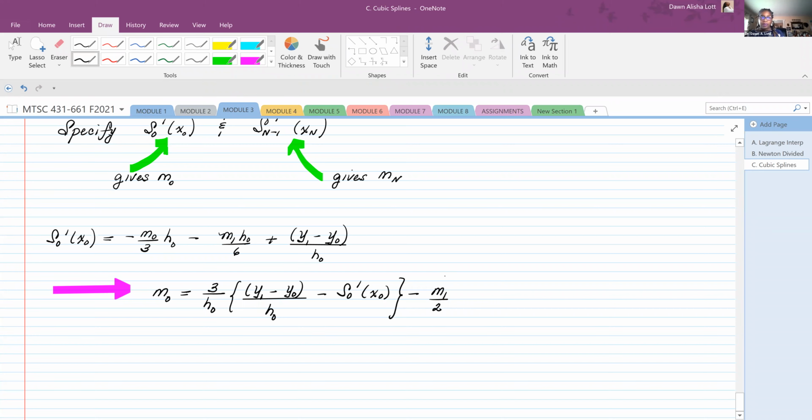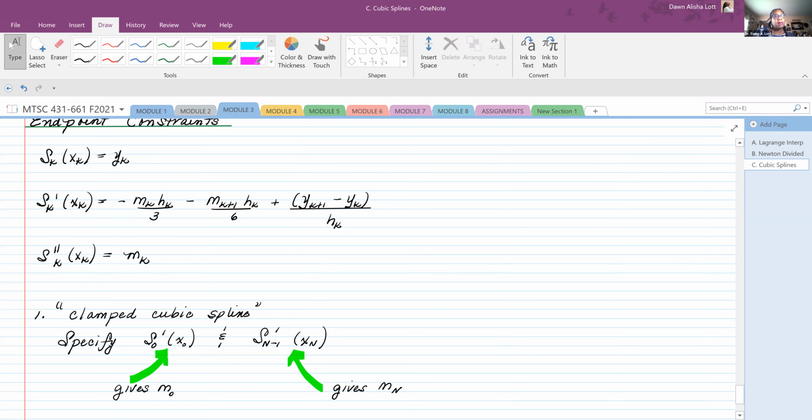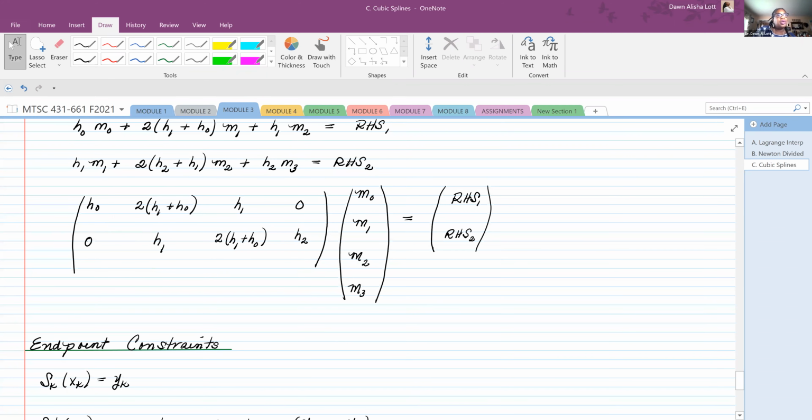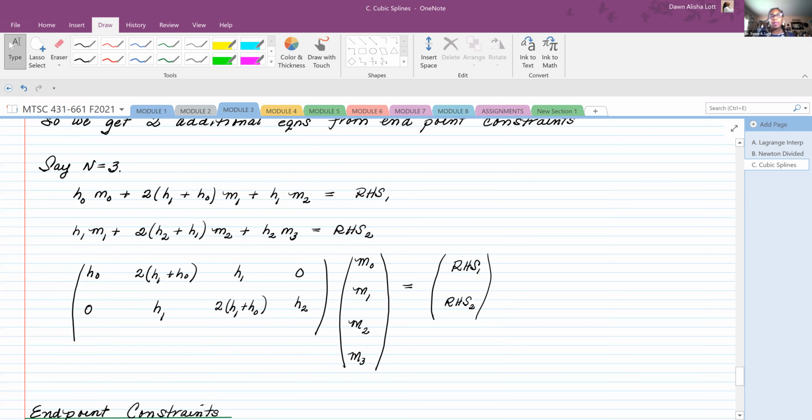So therefore, in the equation, you can put M naught back in here. And that eliminates the need for this column because M naught is in terms of M1. So now once you find M1, you can find M naught.